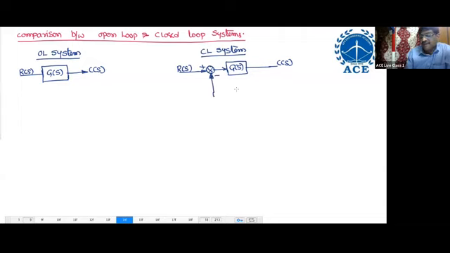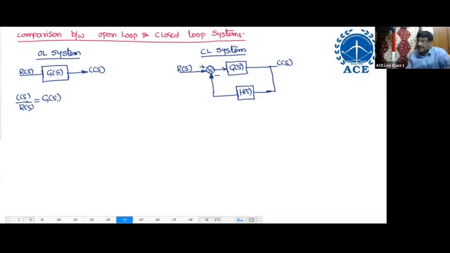Default feedback is negative. We'll consider negative feedback, okay? The best feedback is negative feedback. What is the transfer function here? C(S)/R(S) equals G(S).